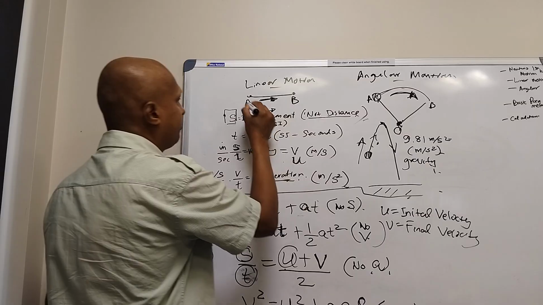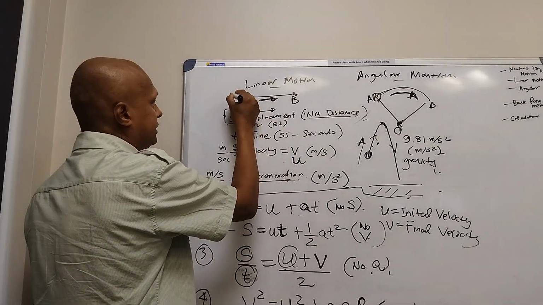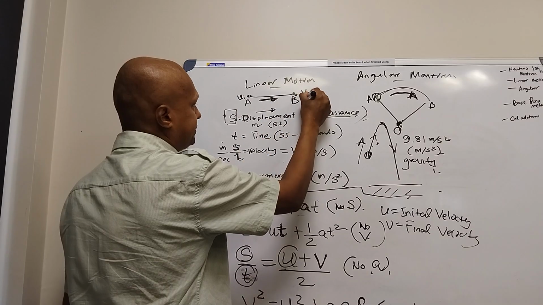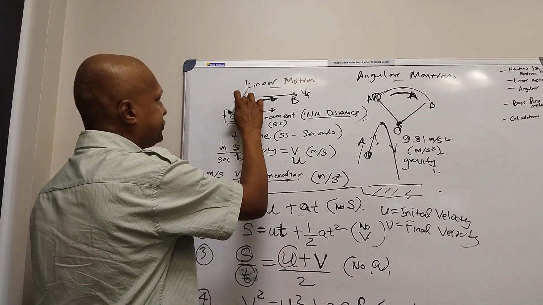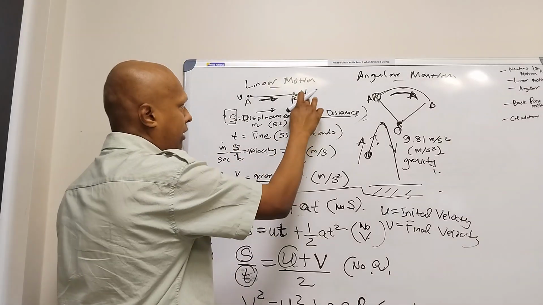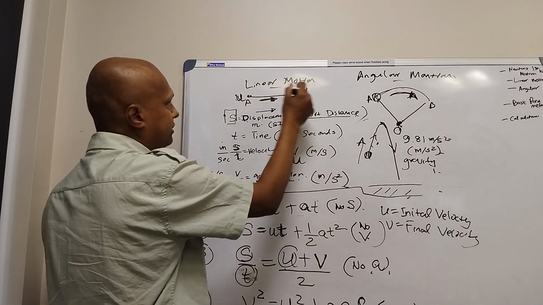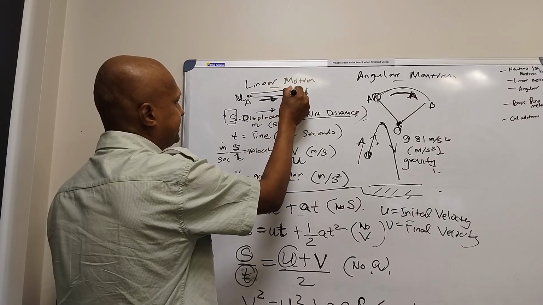If we move from one direction to another, we have U here, the initial velocity, and the final velocity Vf there. So I just use U and V. That's how I used to. U is initial, the final is V, and that is the S.